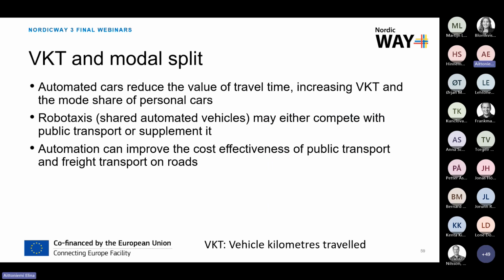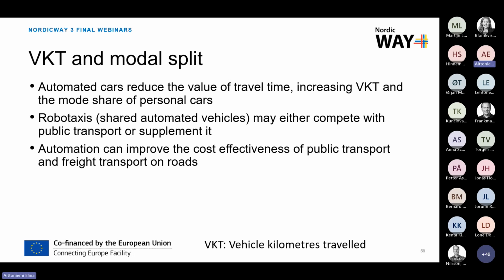First, regarding vehicle kilometers traveled and modal split. Automation in cars can reduce the value of travel time, which can lead to more travel taking place in personal cars, so increasing VKT and the mode share of cars.